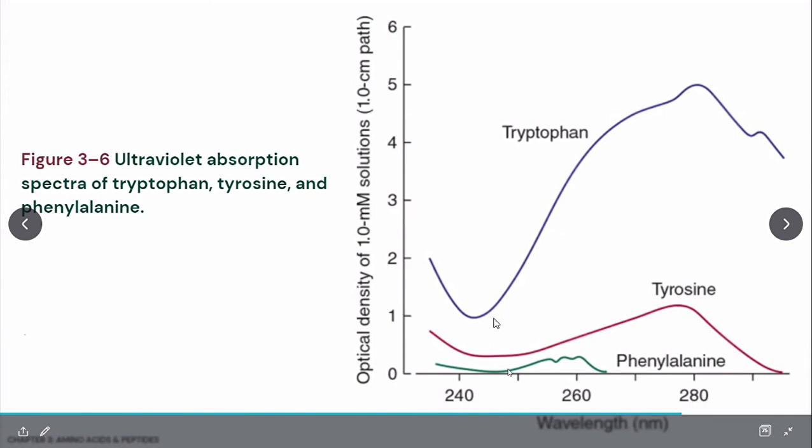Then you have your tyrosine rising and peaking at 280, while tryptophan, you have here again 250 up to more than 280, and if you drop it down, that is 290. So that is the absorption.